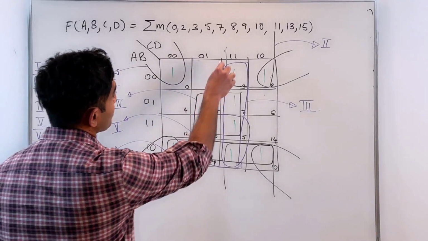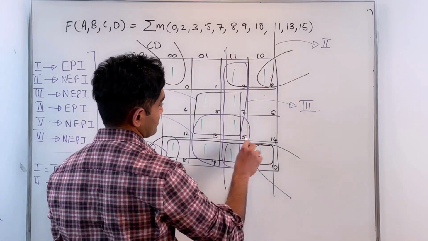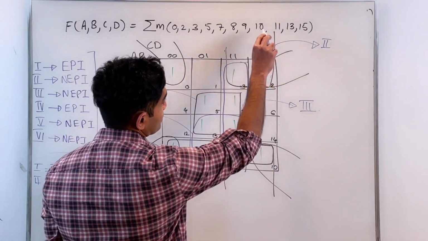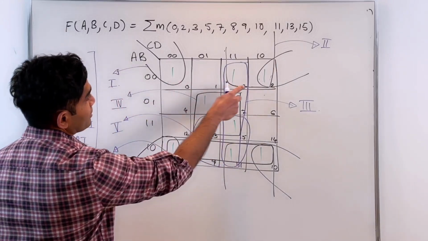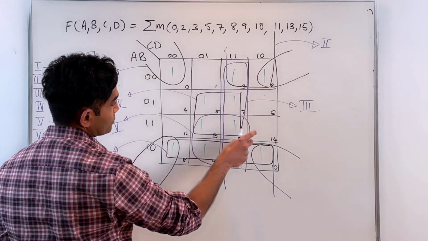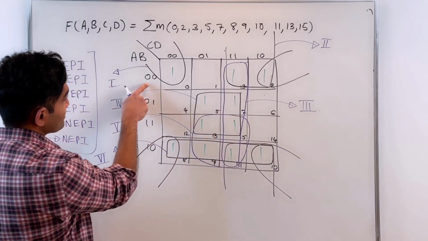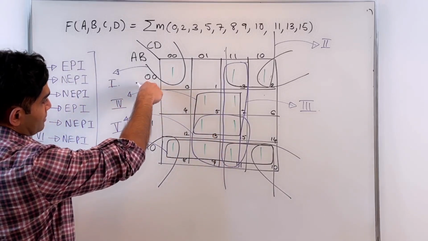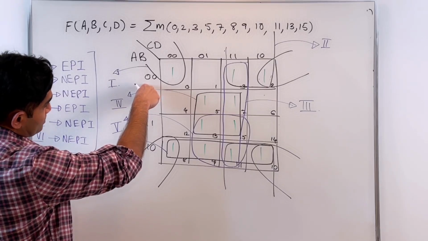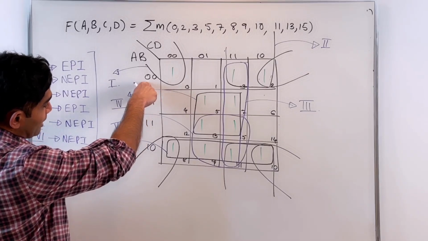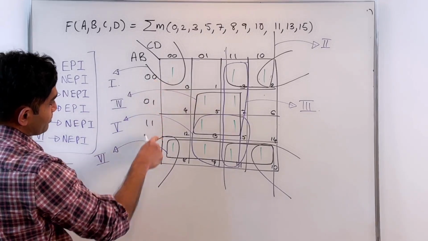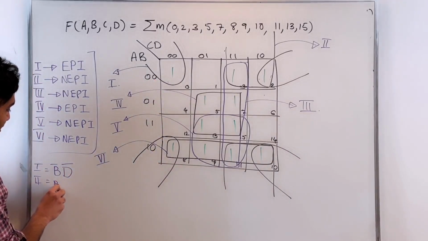What about 2? 2 would be this combination and this combination. When I go from here to here, A changes from A prime to A, B remains as B prime. So B prime is going to be there.